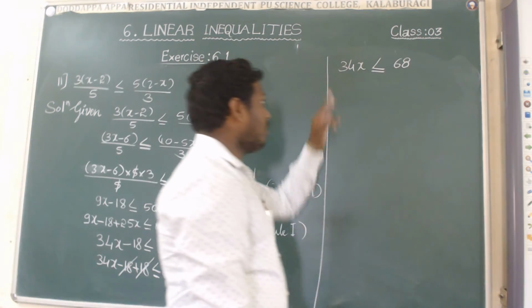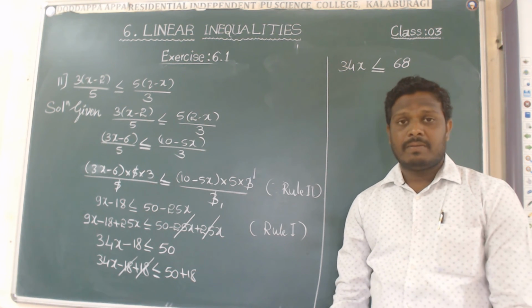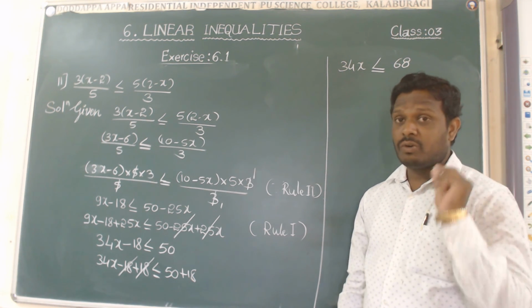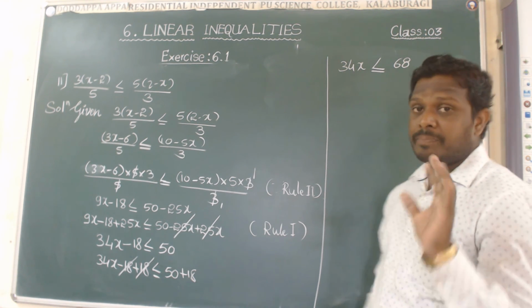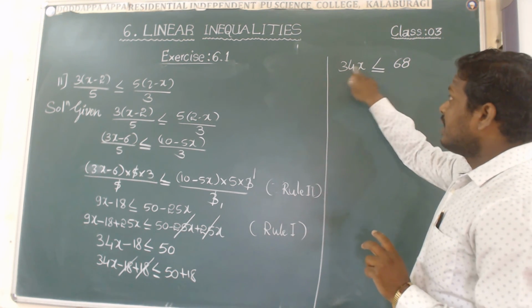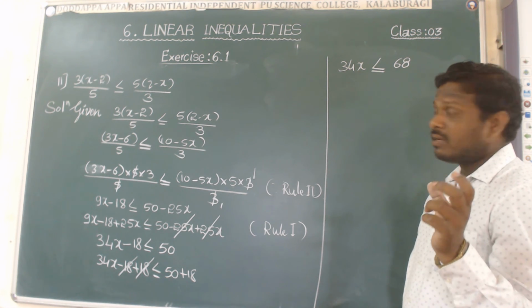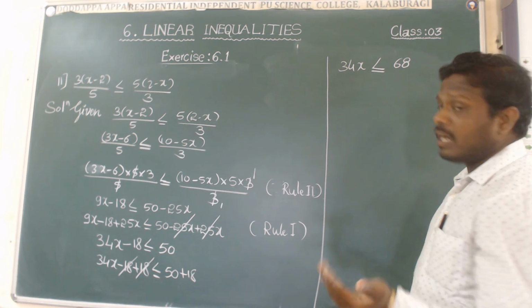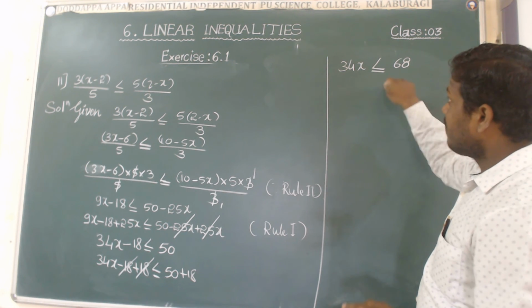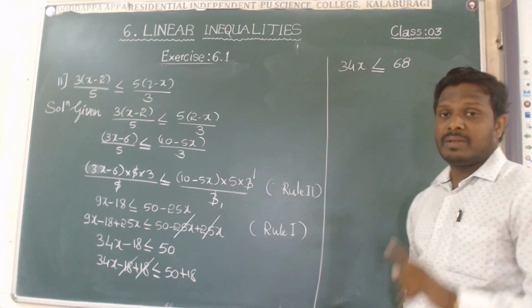Okay, we can't write the value of x because the coefficient of x is positive 34. For writing the value of x, the coefficient of x should be positive 1. So again I am converting the LHS side to the coefficient of positive 1. When we divide both sides by 34, then the coefficient of x is coming positive 1.